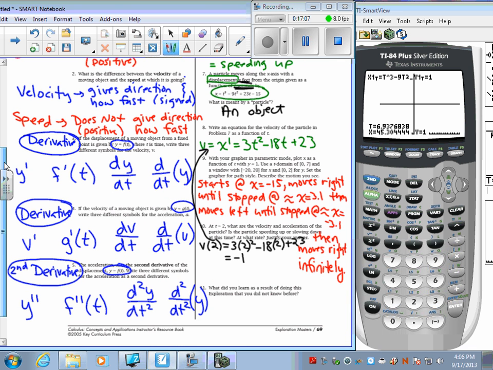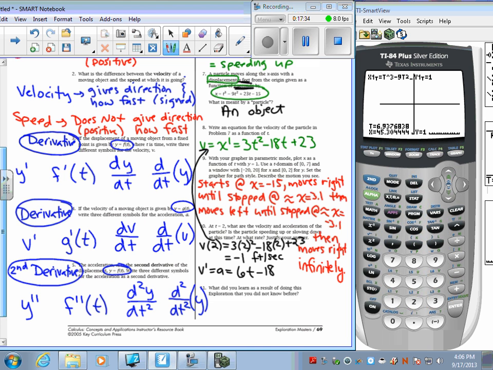So it's negative 1 feet per second. The next thing I need is the acceleration at that time. Well, I don't even have an equation for the acceleration. So first thing I need to do is write an acceleration equation. The acceleration is going to be the derivative of the velocity, which I have in green above in number 8. So that's going to be my acceleration, and that will be 6t minus 18.